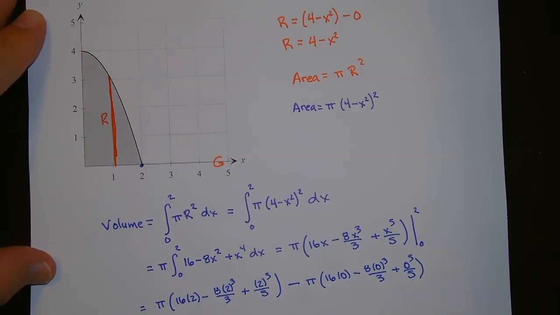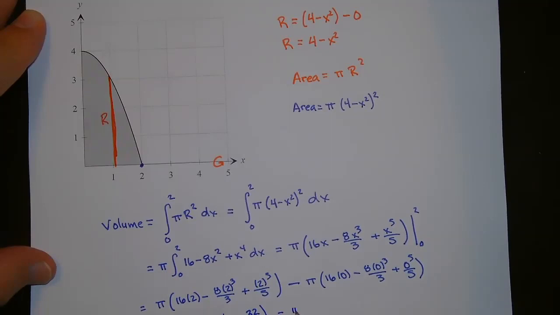All right, so this turns out to be pi times 32 minus 64 thirds, because 2 cubed is 8, and then times this 8 would be 64. That's where I'm getting the 64 thirds. And then plus 2 to the 5th is 32 over 5. These all need a common denominator, and it would have to be 15.